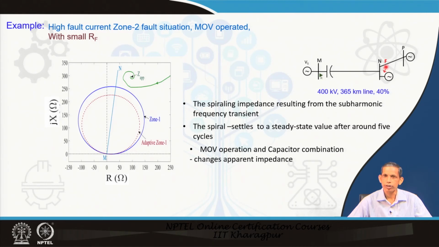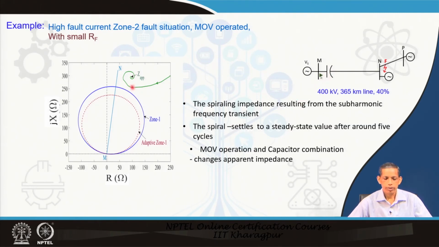The fault is created in zone 2, the next line. In this case with small RF, small RF means the fault current is significant. So, the capacitor and the MOV operation changes the apparent impedance.